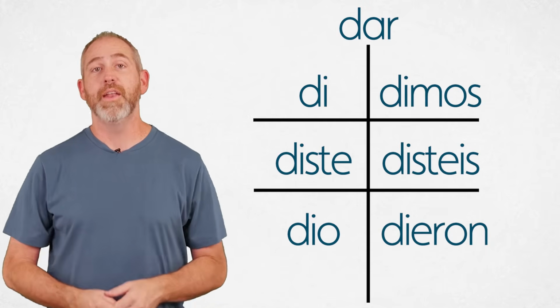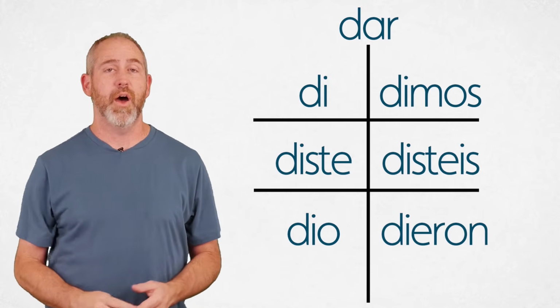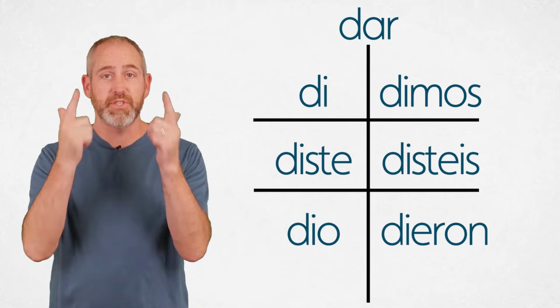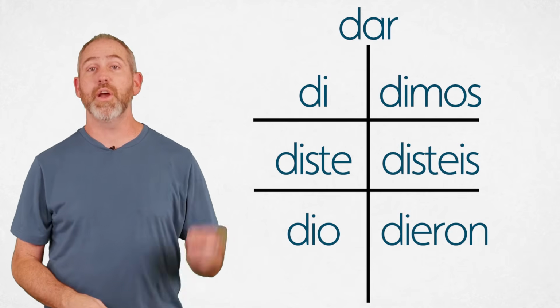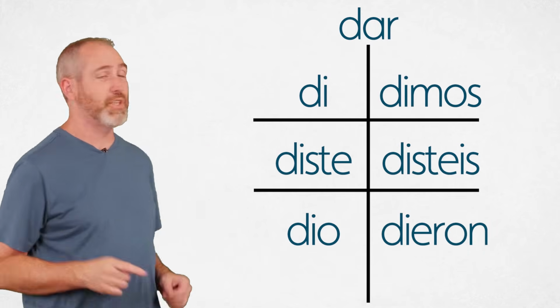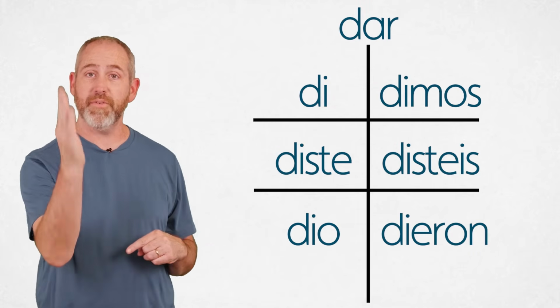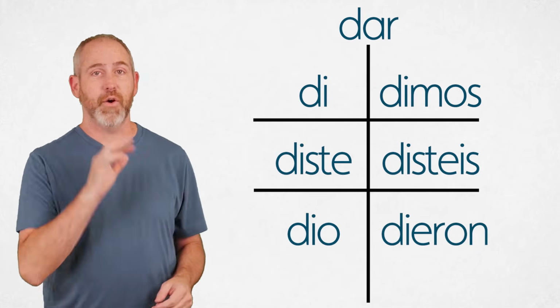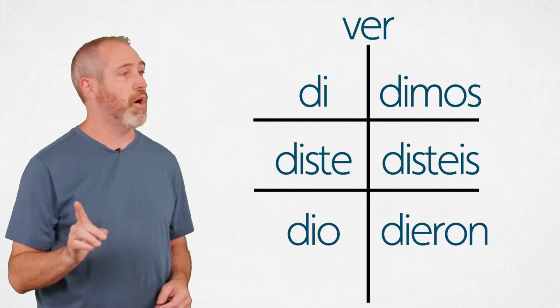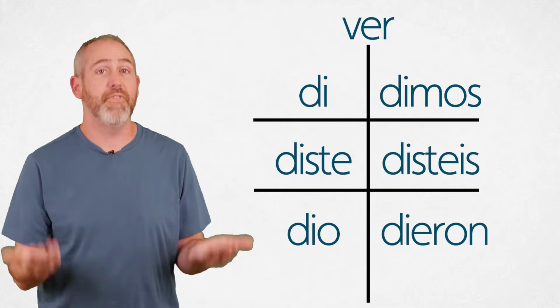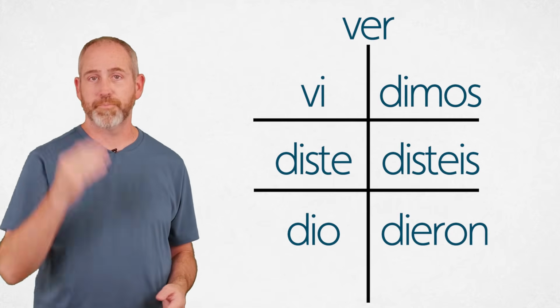All right, now watch this. If we want to do ver, to see in the past tense, we're going to use all of these same conjugations, just replace that D with a V. That's it. So, I saw is now yo vi.